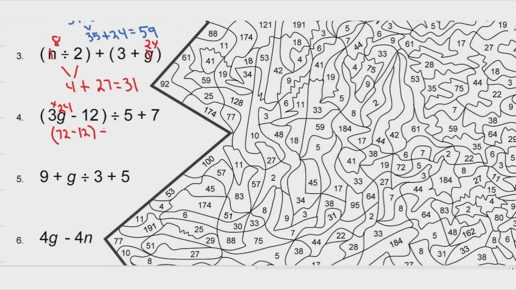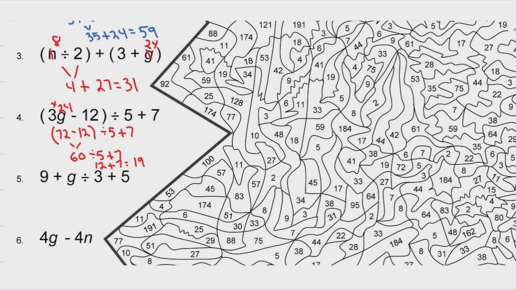Then we have divided by 5 plus 7. So then we do 72 minus 12, which is 60, divided by 5 plus 7. And 60 divided by 5 is 12 plus 7 equals 19.